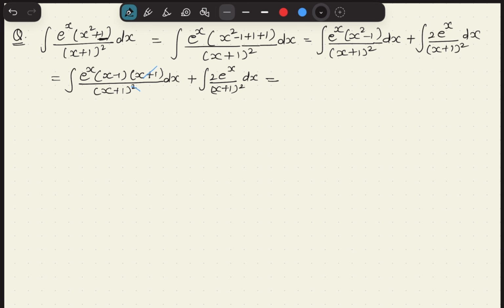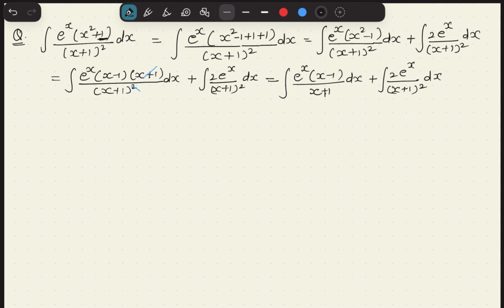Now we get e to the power x into x minus 1 upon x plus 1 dx plus 2 e to the power x upon x plus 1 whole square dx. Sorry, here we have x plus 1 in the denominator.